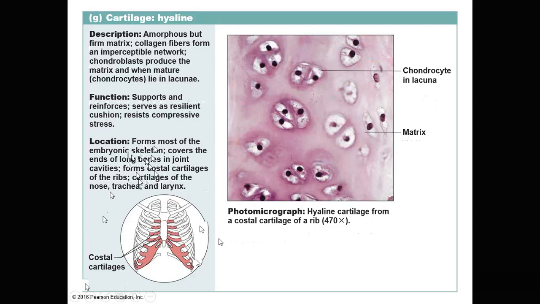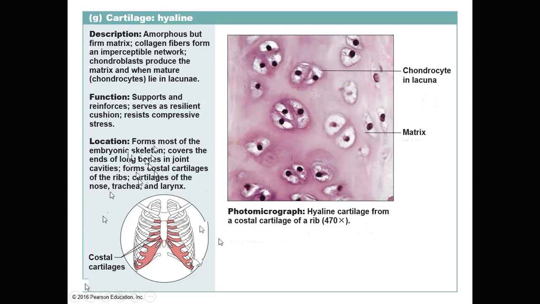Fibrocartilage. The matrix is similar to, but less firm than, that in hyaline cartilage. Thick collagen fibers predominate. Function: tensile strength allows it to absorb compressive shock.